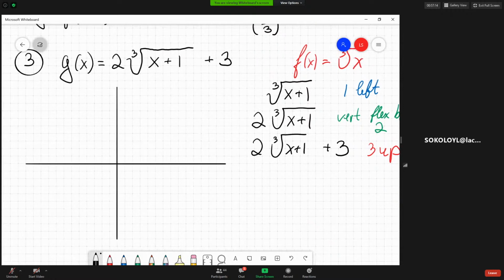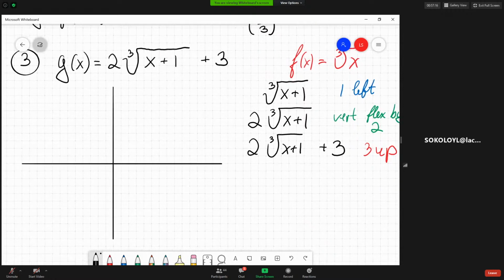The parent function has points at (0, 0), (1, 1), and also we can mark the point (8, 2). Cube root of 8 is 2, so 1, 2, 3, 4, 5, 6, 7, 8. And cube roots are defined for negative values as well, so at -1 it's -1, and at -8 it's -2.